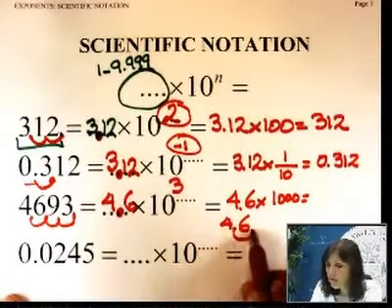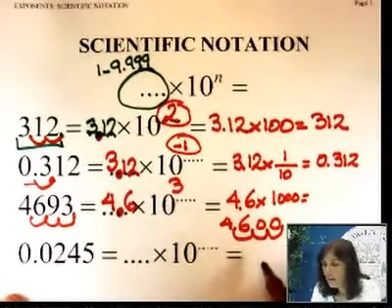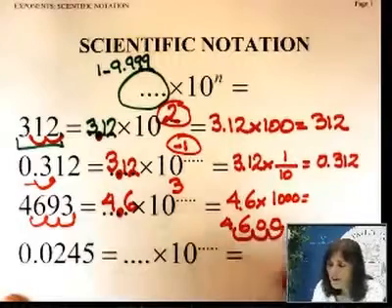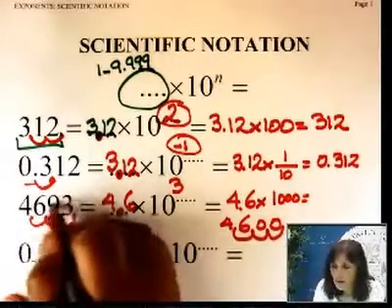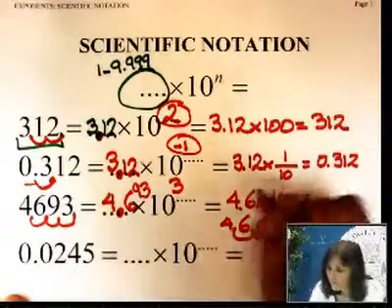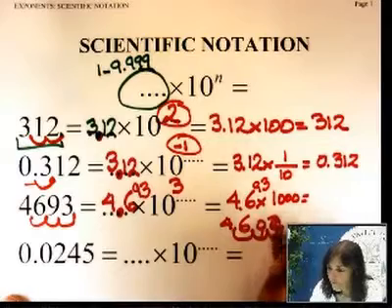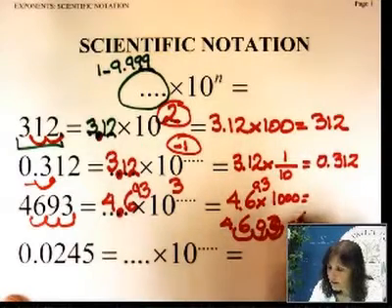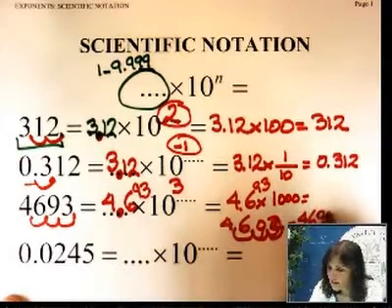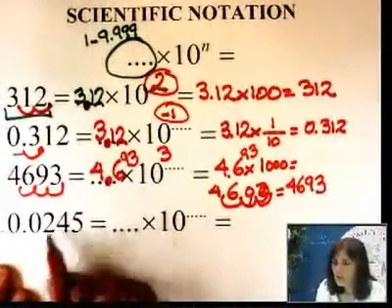So that means 1, 2, 3. Okay, this is not right. So I need to account for these 9, 3 as well. So let's put that. I forgot that. That will give me 4,693. Very good.